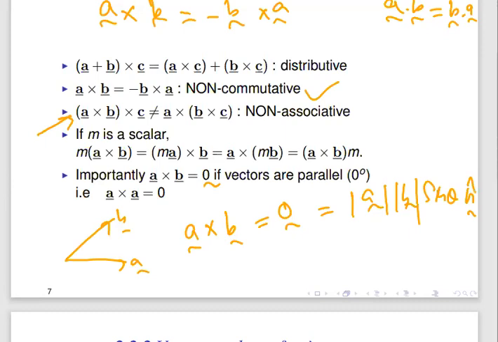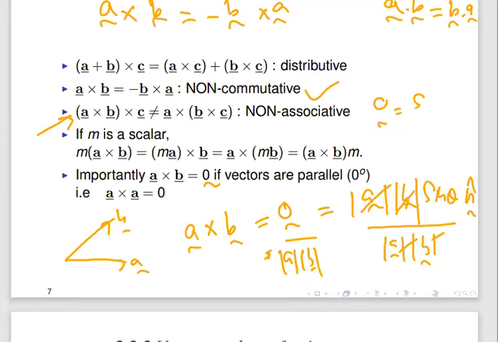We know that A and B are not zero, so we can divide both sides by the magnitude of A and the magnitude of B. Then zero is equal to sine theta times n. So n is a unit vector, right?